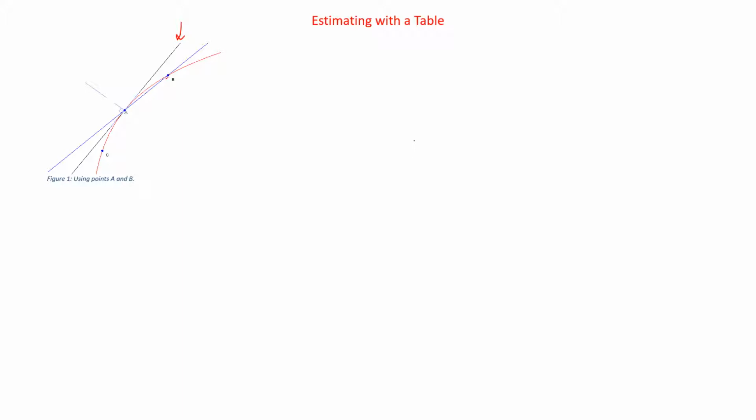Is that slope close to the slope of the tangent line? Not particularly. Well, let's use the point on the other side. Again, the black line is the tangent line, and now we're using these 2 points. Does that slope represent the tangent line very well? Not particularly.